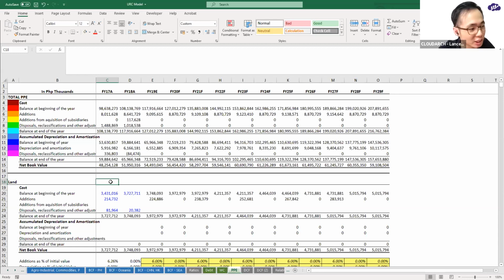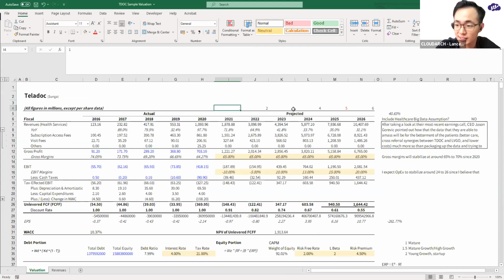So it depends on your judgment on when the company would be able to, I guess, stabilize on the revenue and earnings end. Right? So for Teladoc, if I go back to Teladoc, I did 6 years, right?